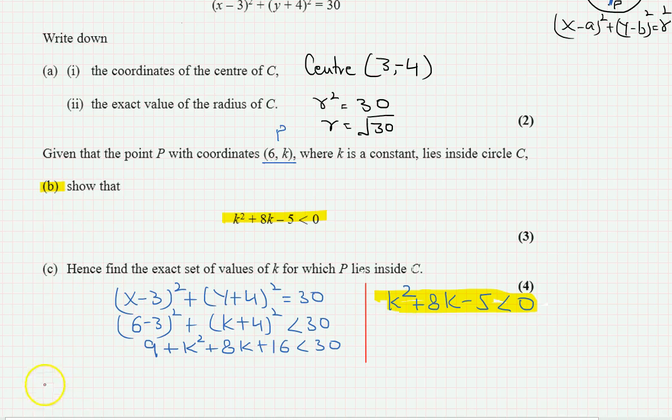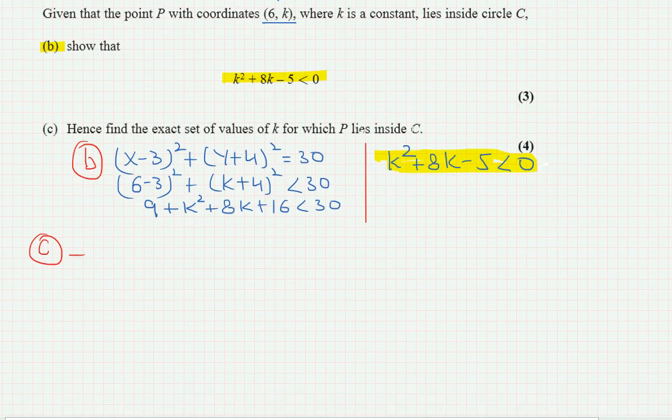Now part C is, this is part B, this is C. Hence find the exact values of k. So we have now k squared plus 8k minus 5. Let's say it's equal to 0 for the critical values.